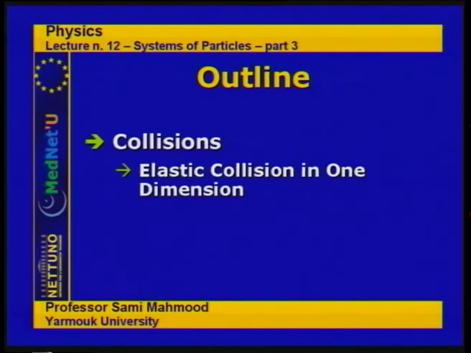And finally, we will discuss the problem of elastic collision between two particles in one dimension. And we will hopefully have enough time to arrive at the evaluation and determination of the relative velocities of the two particles and see how they are related before and after the collision takes place.